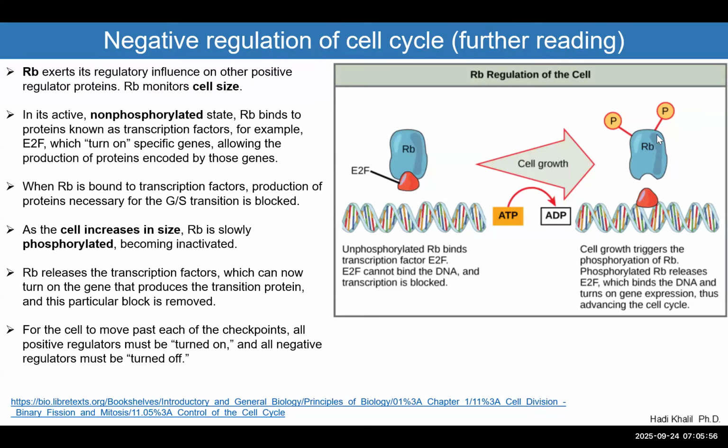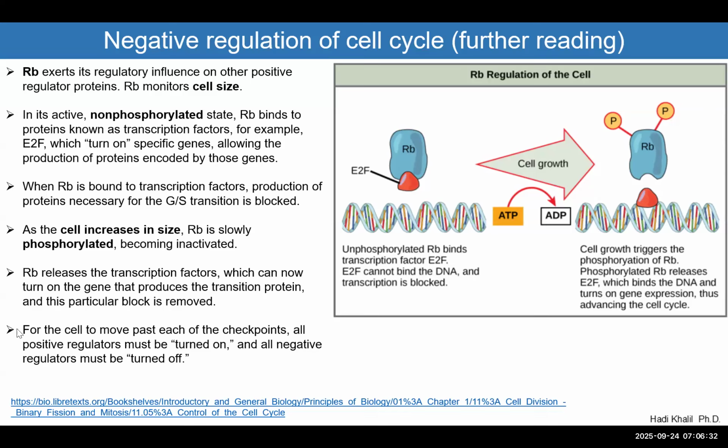And this phosphorylation causes inactivation of it, or in other words, it leaves the E2F to bind to that DNA. Now, once retinoblastoma releases those transcription factors, obviously you could think that the E2F will bind with many other proteins, and now the complex can start, and the process of generation of these proteins will take place, and the block on this G to S transition is relieved.